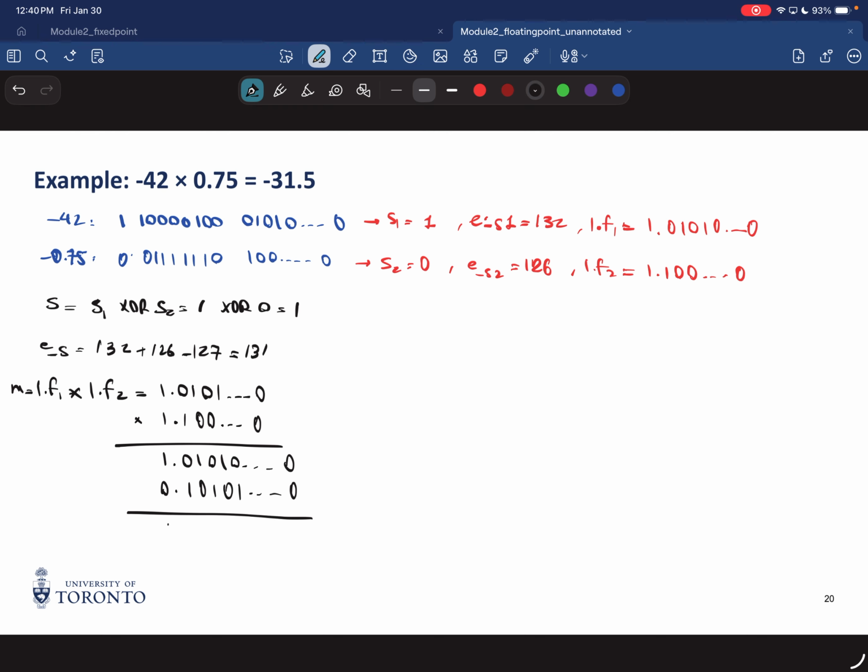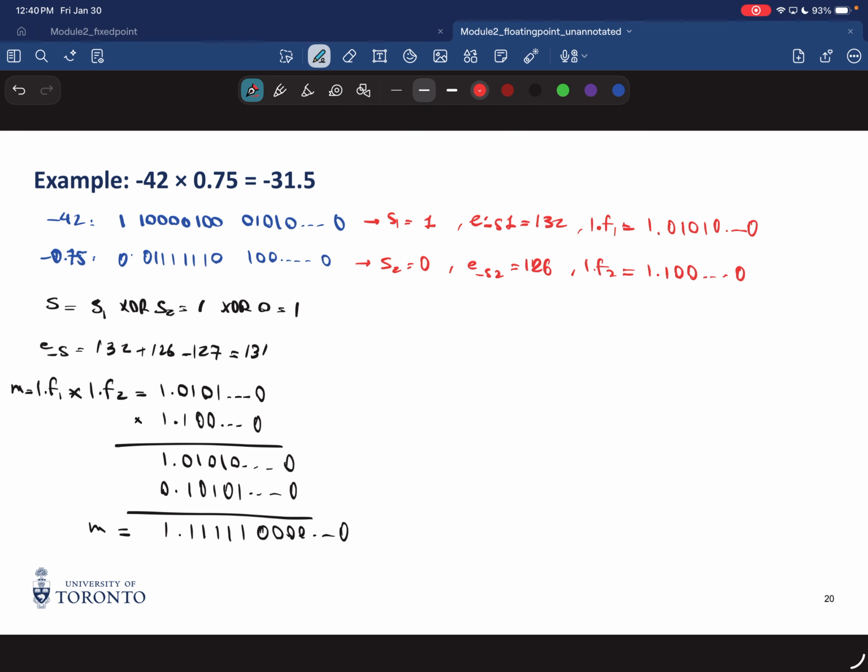Now, if you do this, it's going to be 1, 0, 1, 1, 1, 1, 1, right? I think so. Yes, I did it right. Do I have to normalize this? No, perfect. It's already normalized.